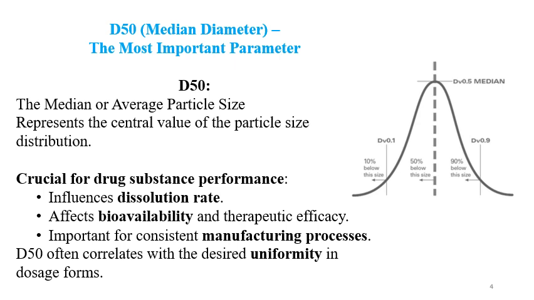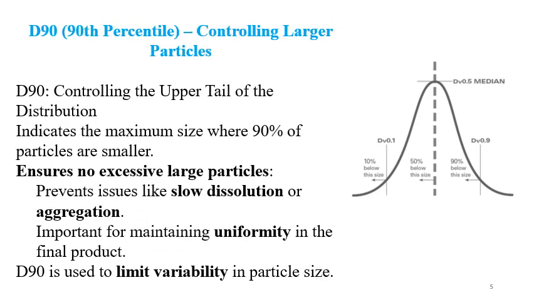So always consider D50 as the most important parameter while you are dealing with particle size. Whenever you are setting the particle size specification, always have a critical understanding about the D50. This is a very critical parameter for the particle size.